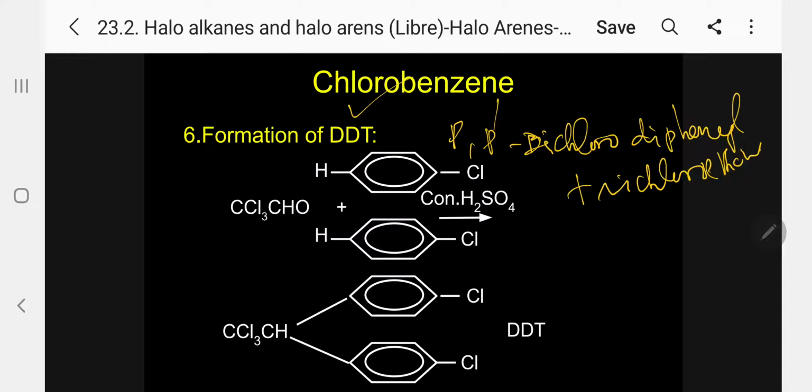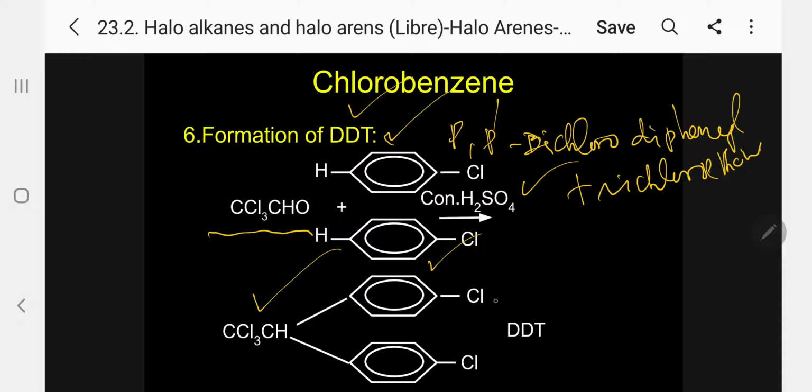Just see, 2 molecules of chlorobenzene react with 1 mole of CCl3CHO. This is called chloral, that is trichloroacetaldehyde. In the presence of concentrated sulfuric acid, it undergoes a condensation reaction to produce this product. So what is this?